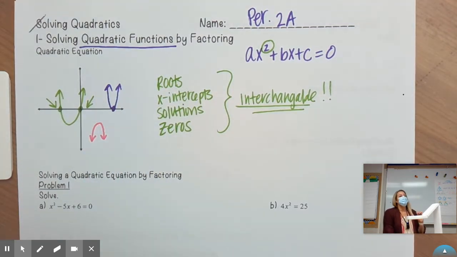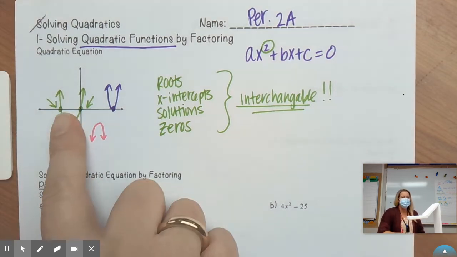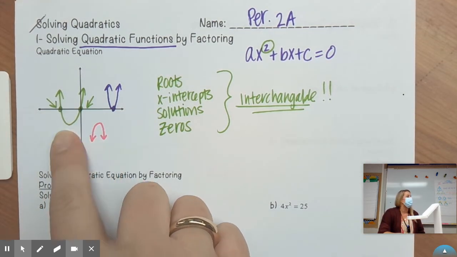Or, I should say, no real solution. And in Algebra 1, we usually said no real solution. But now in Algebra 2, we're going to find out that there actually are solutions, but they are what's called imaginary solutions. Okay? All right, so these are the 3 different possibilities that we will see.